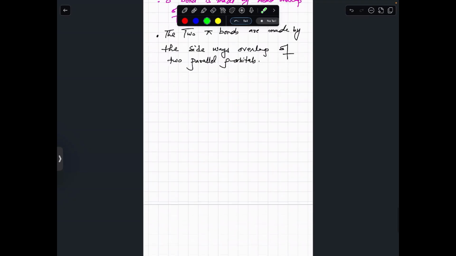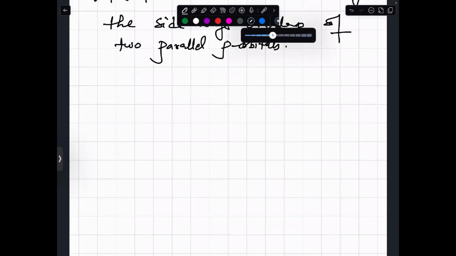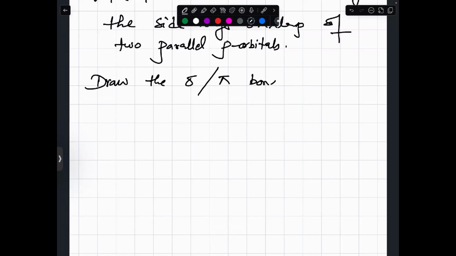Now last, when Cambridge or any system asks you to draw the sigma or pi bonds, first identify the hybridization. You have to remember this. For example, if s overlaps with s, this is always sigma.